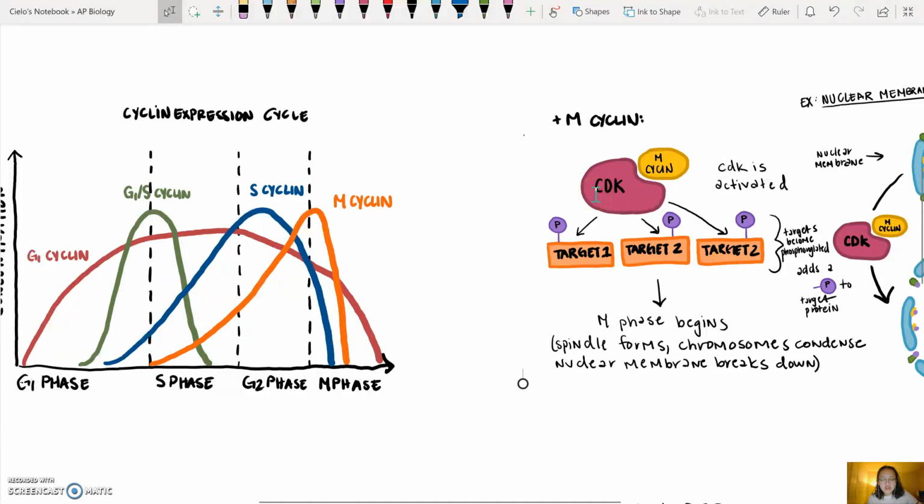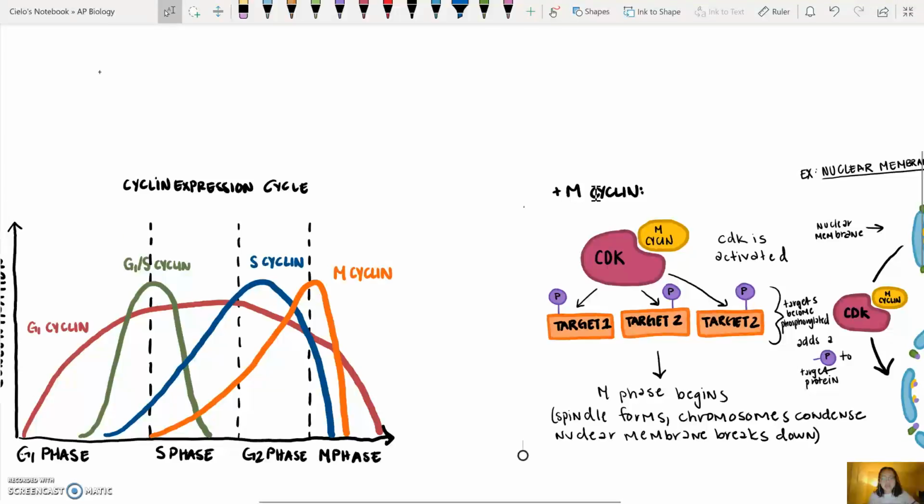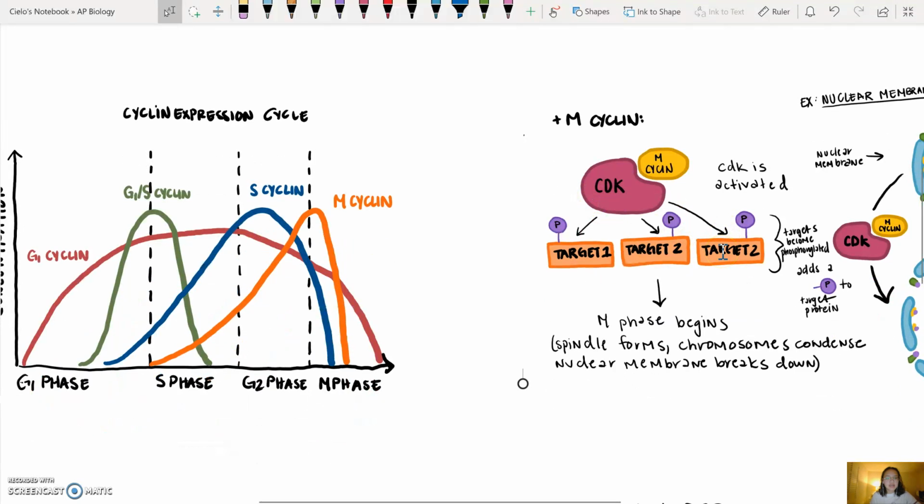When a cyclin binds to a CDK, it activates it, making the kinase a functional enzyme, and it allows the kinase to modify target proteins by attaching phosphate groups to that target. But what is important to note is that CDK levels stay constant throughout the cycle.